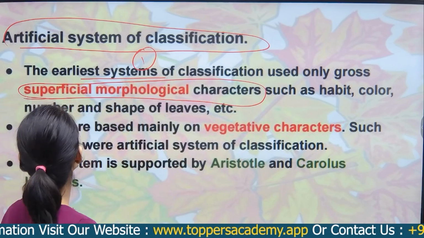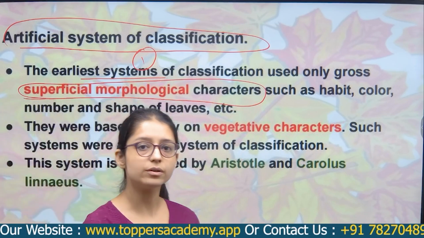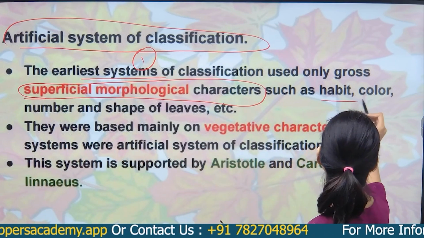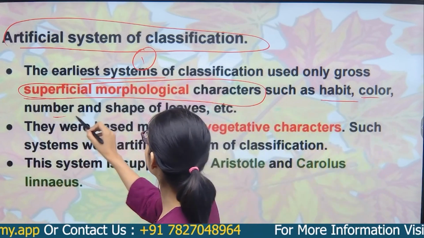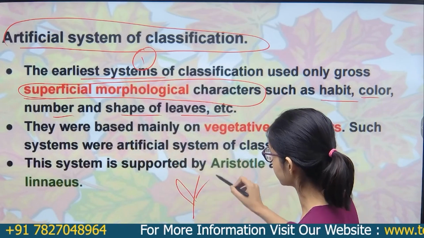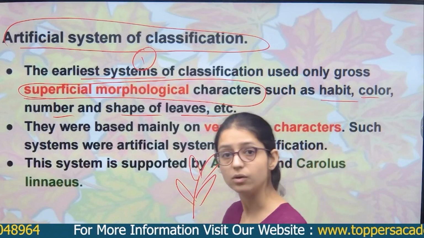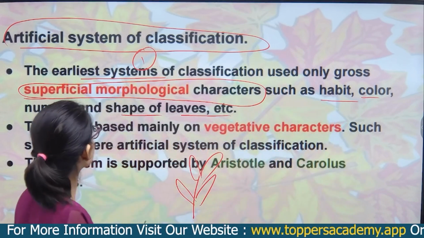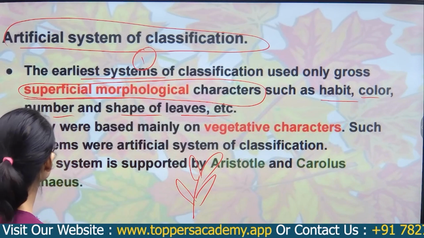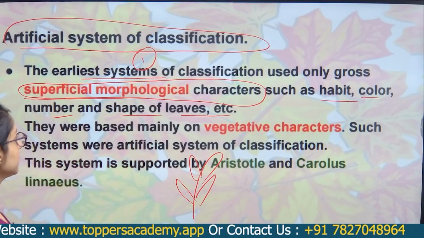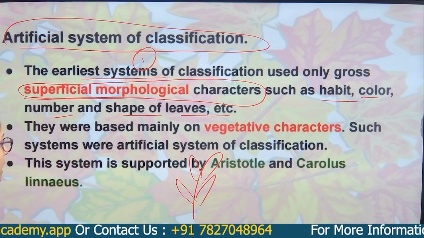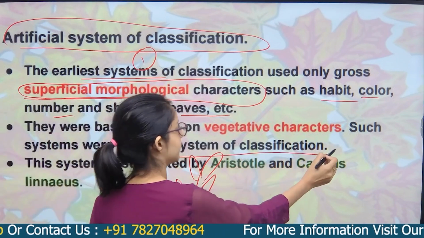Scientists used only vegetative or morphological characters such as habit, color, number, and shape of leaves. This means the outer appearance characters, not the internal, only the outer. As in the NCERT, it says superficial morphological characters. They were based mainly on vegetative characters, so it is known as the artificial system of classification.